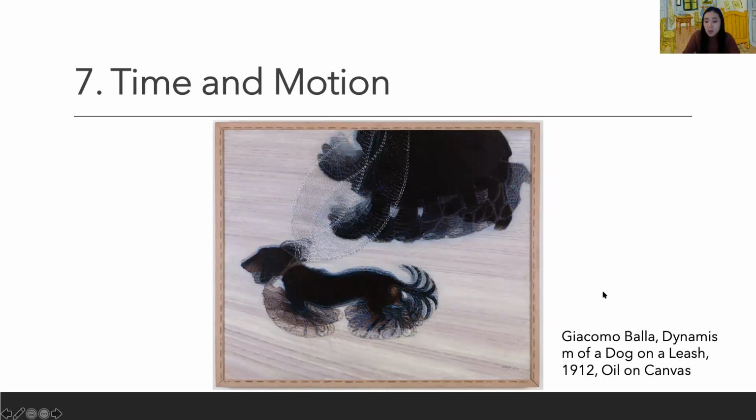We can see a dog and a person walking in this painting. Like this, there is no actual movement in the work of art, but we can feel motion. That is called implied motion.